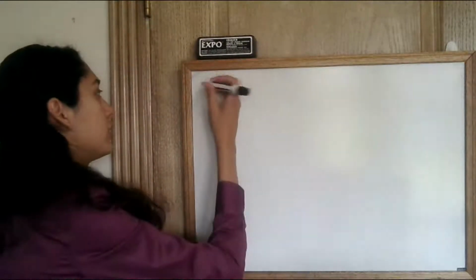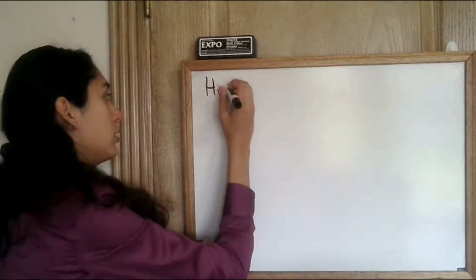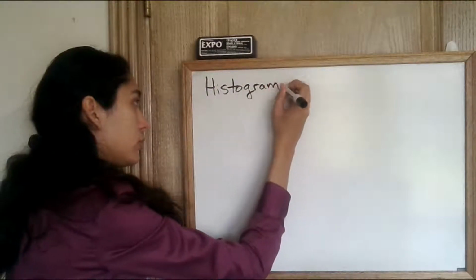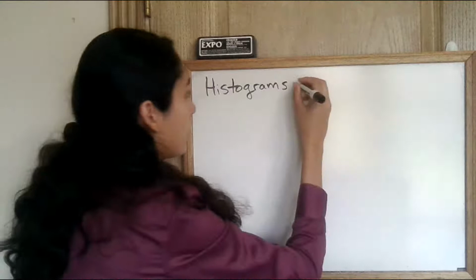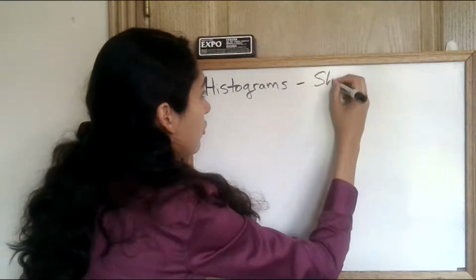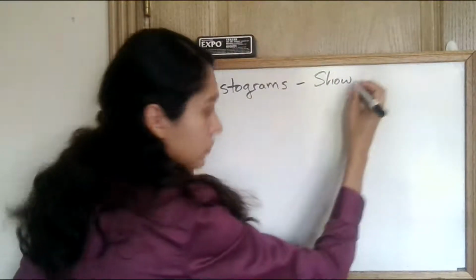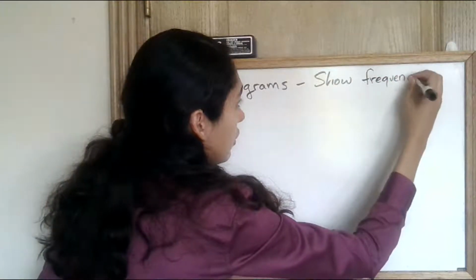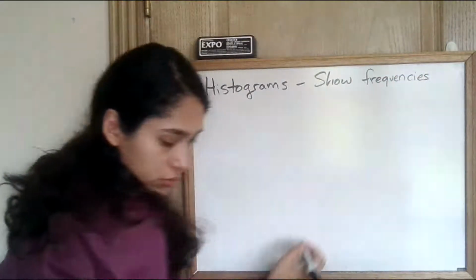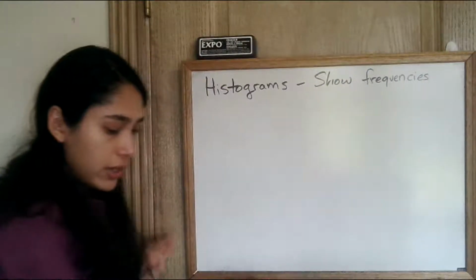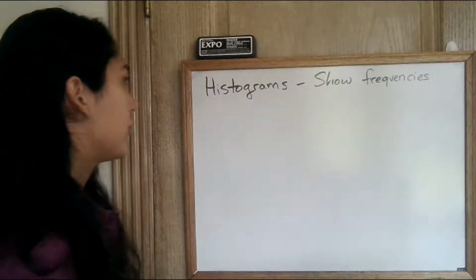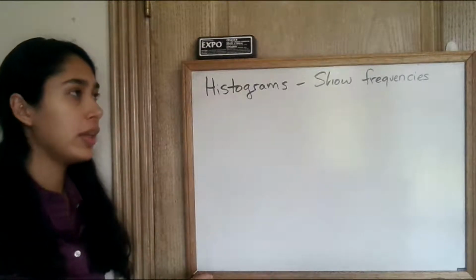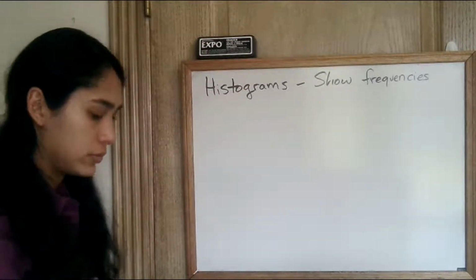So histograms, just like line plots, they show frequency. However, they have a very different way of doing it. Some of you might even say, like, well, they might look very close to bar charts.